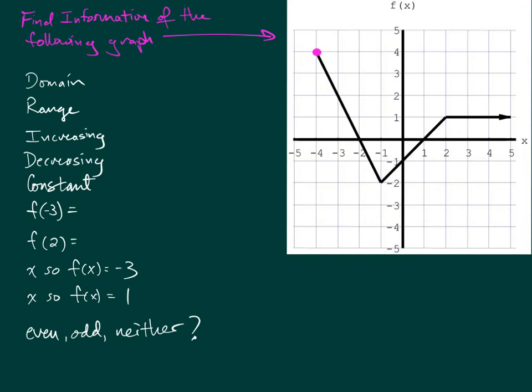On this slide, we're asked to find a lot of the same information. I'm just going to go through and put up some answers, and you can work through it yourself to see if you understand these answers. So first, the domain starts as far left as -4. So this time there is a stopping point to this domain. So it'll be -4. But as you can see, the graph goes forever to the right.